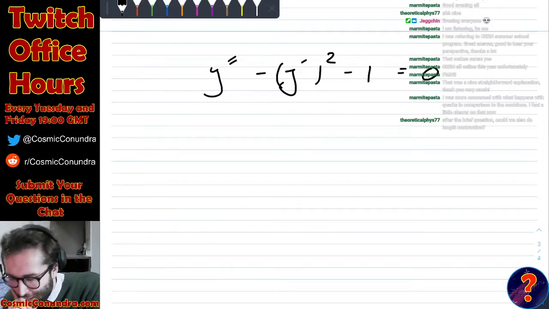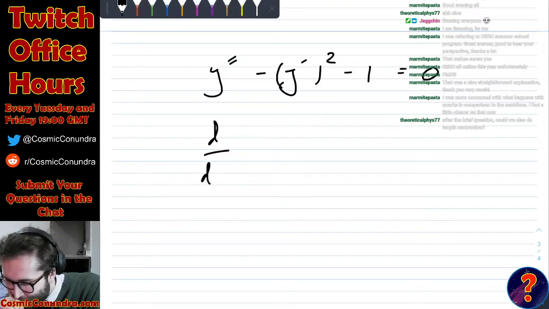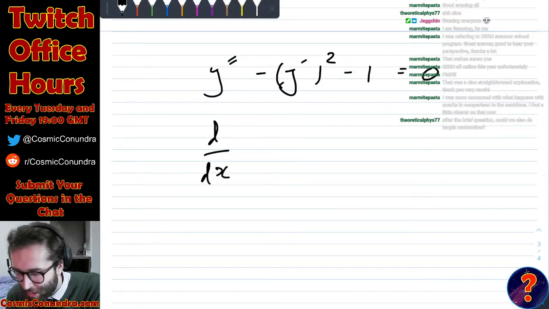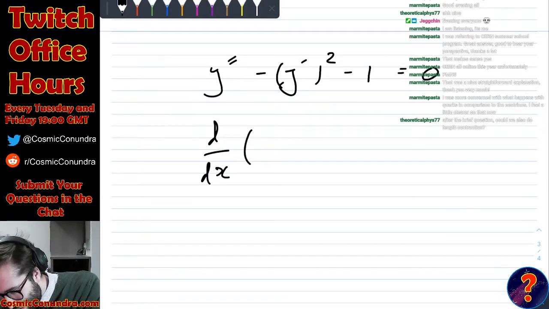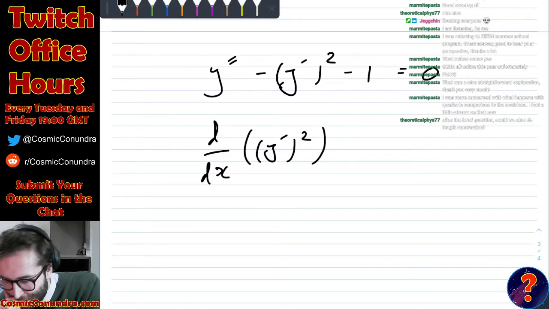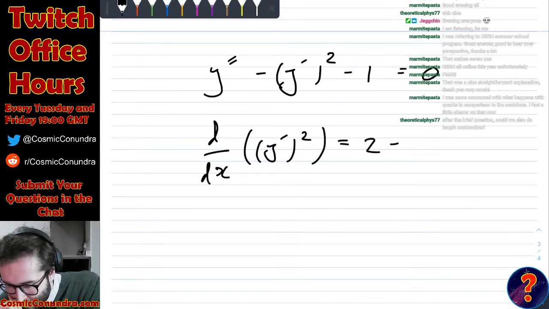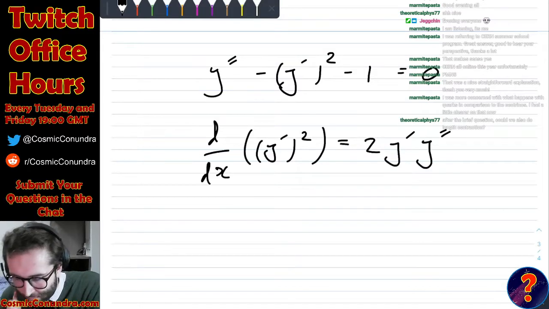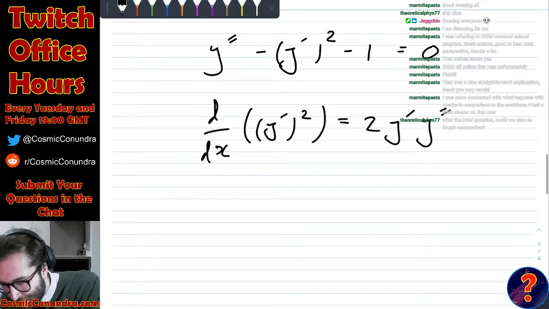I think what you can do with this problem is consider taking the derivative with respect to, well, I'm going to assume these primes are x's, of y prime all squared. Okay. And then by doing the chain rule on that, you find that this is just 2 y prime, y double prime. Okay.